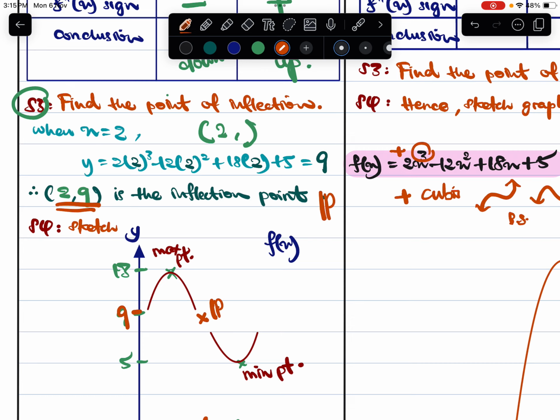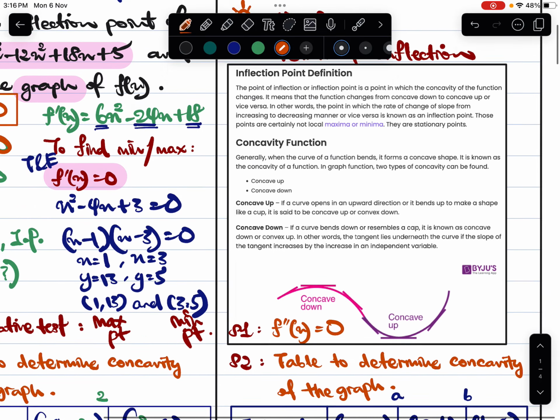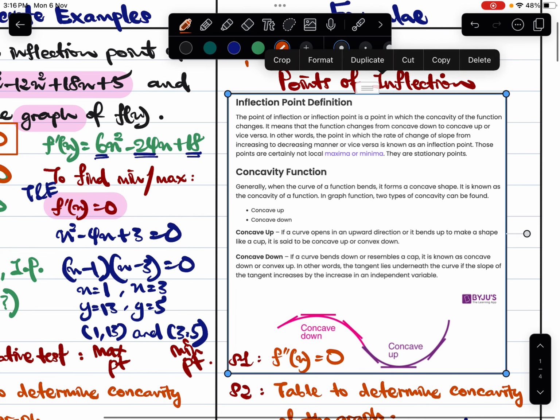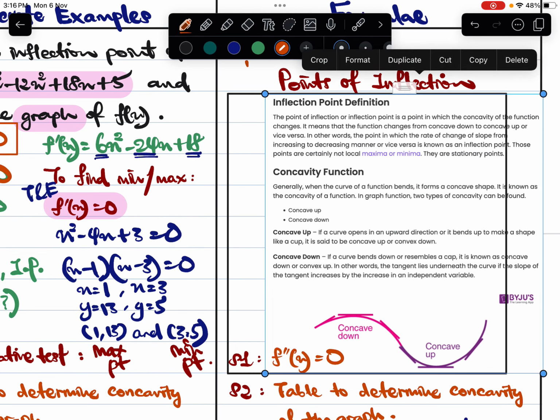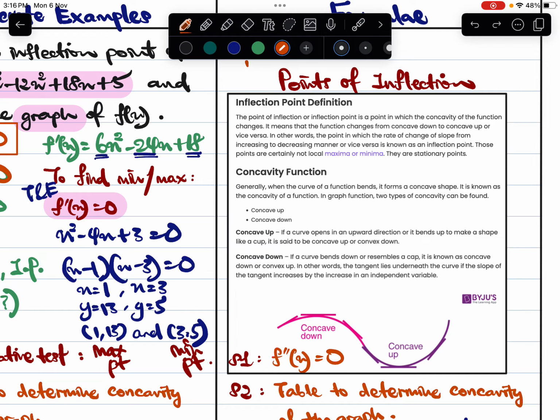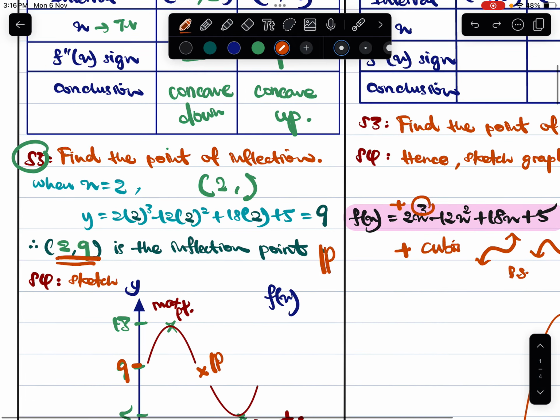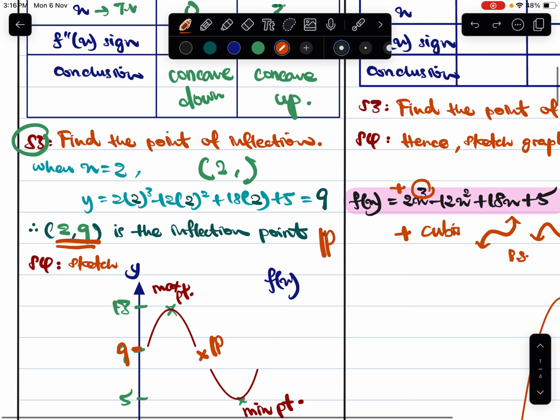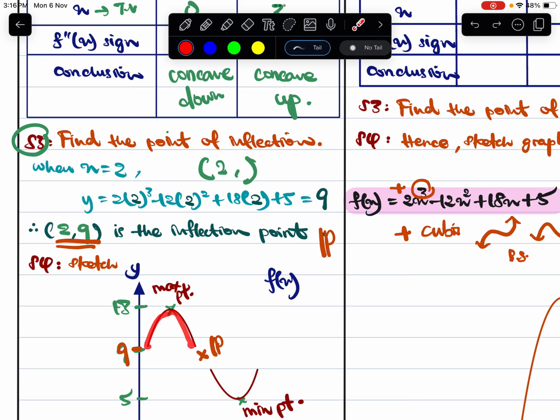If you read the definition, an inflection point is a point in which the concavity changes. The concavity changes from concave down, this is concave down, isn't it, to concave up. So it is between those points.